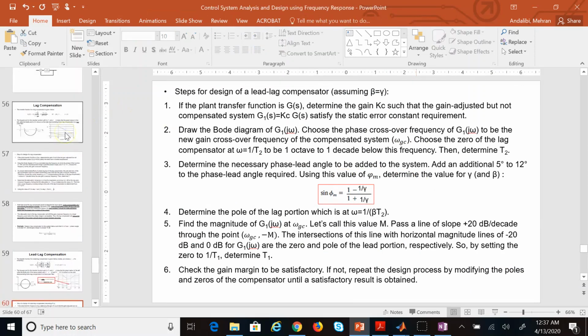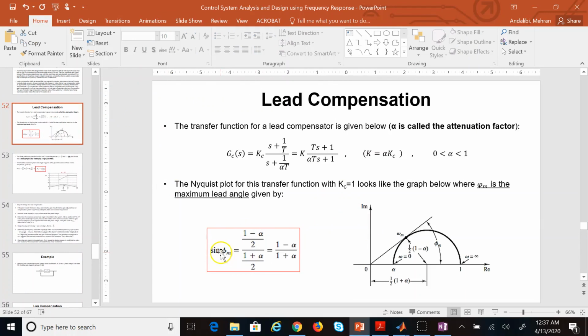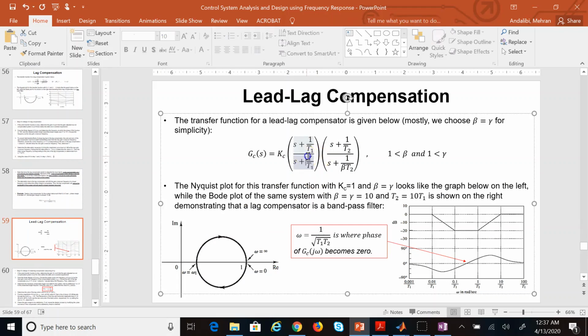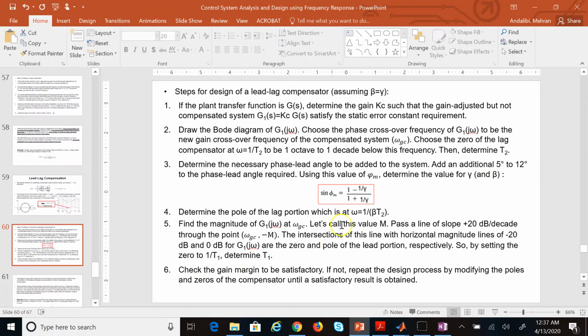In the lead design, if you remember, the maximum phase contribution of the lead portion is sine of phi m equals 1 minus alpha divided by 1 plus alpha. And here, this alpha that we introduced back there is the reciprocal of this gamma. So if I replace in that formula alpha by 1 over gamma, I get this. And from here, I can find gamma.